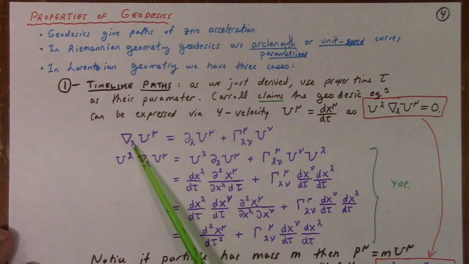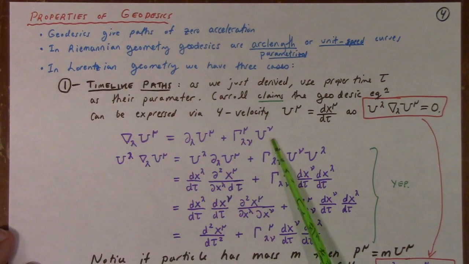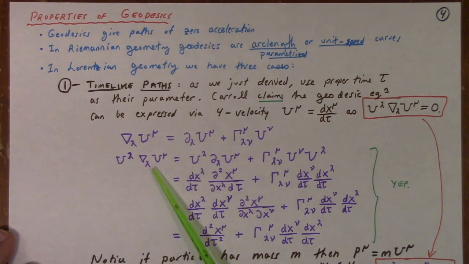So this is the covariant derivative of the 4-velocity, the proper velocity, right? Then if you contract that against the 4-velocity like so, we get this, which actually means this. And over here, that's starting to look like the geodesic equation, right? Then we've got some chain rule stuff to do over here.